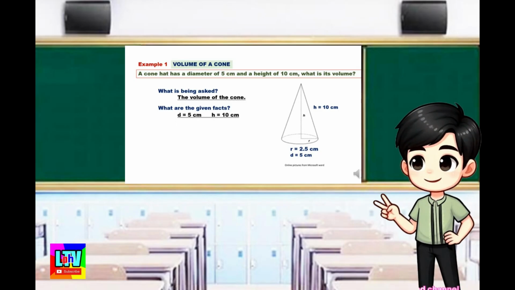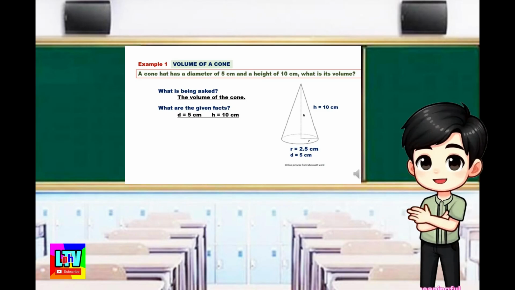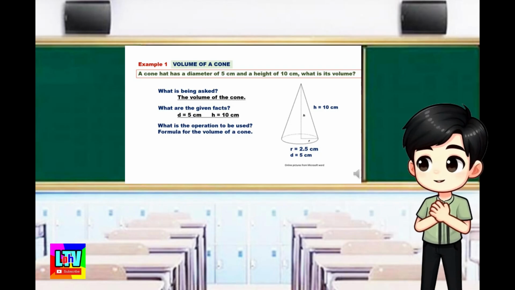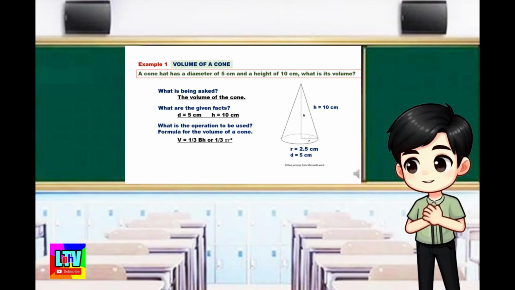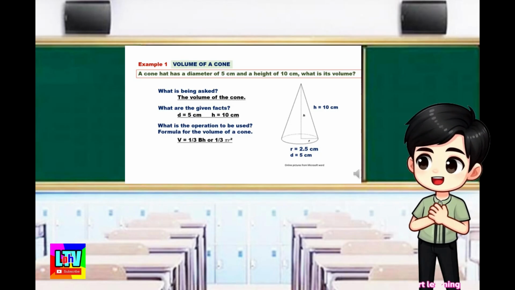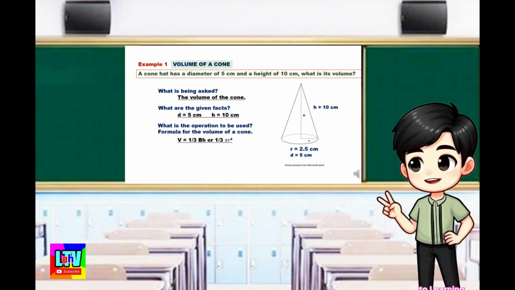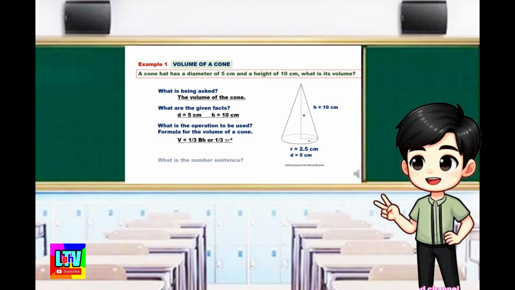Diameter equals 5 centimeters and a height of 10 centimeters. What is the operation to be used? Formula for the volume of a cone? Volume equals 1/3 base times height, or 1/3 pi r squared times height.